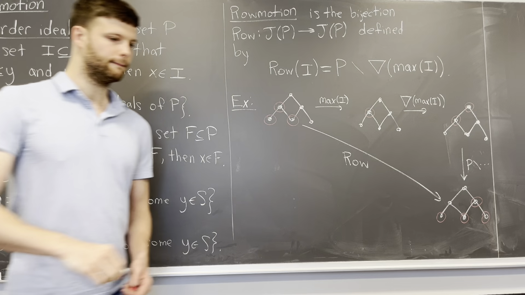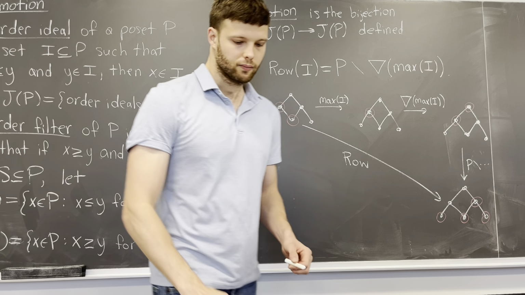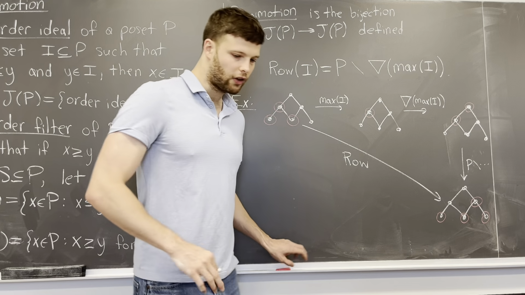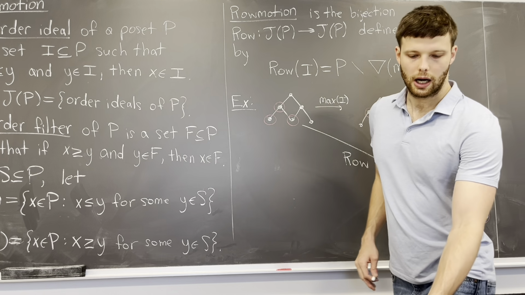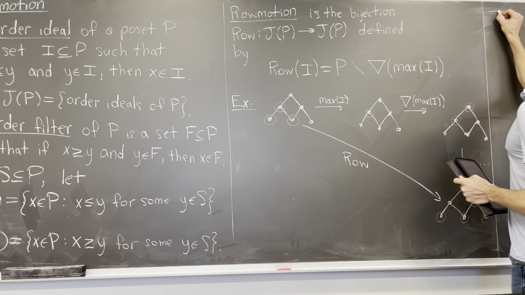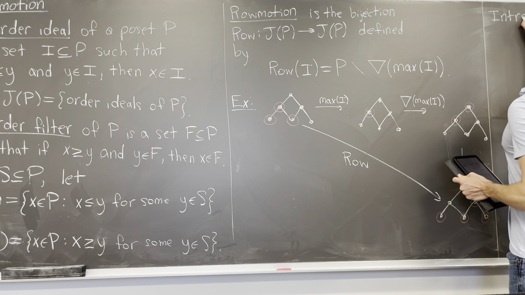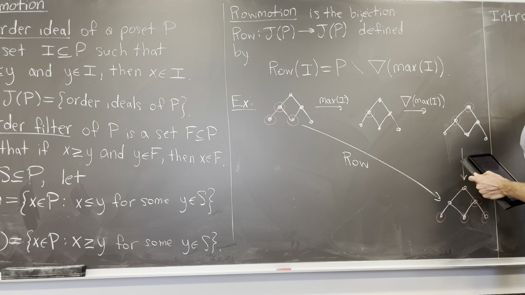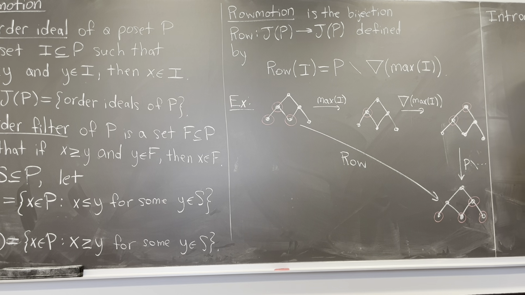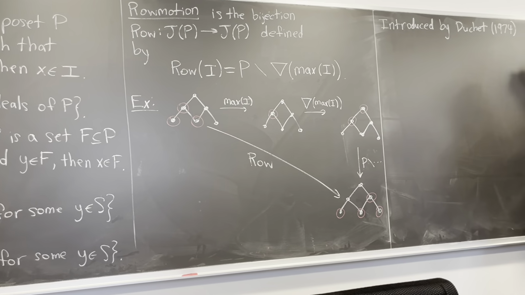Okay. So before I say mathematical things, let me just say where this was introduced. This was introduced by, I think, Duchet. This was in 1974, although it wasn't called Rowmotion until recently.